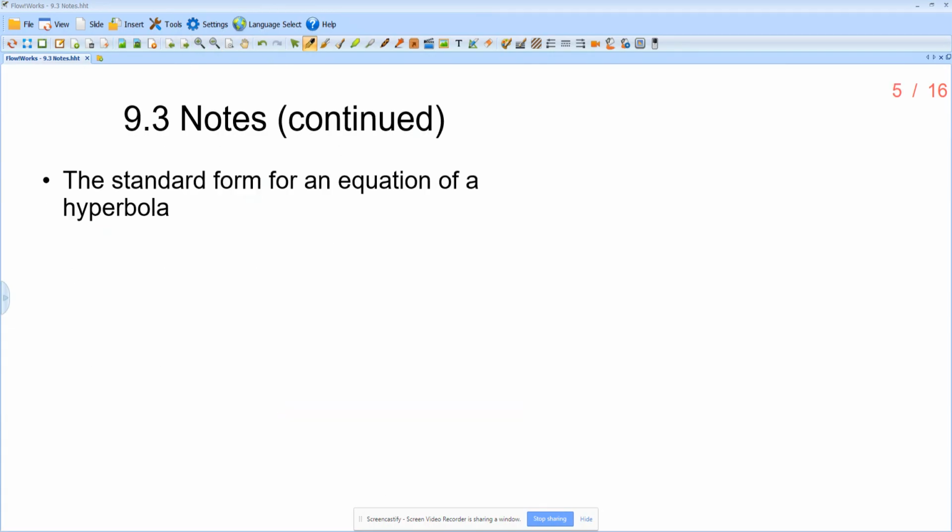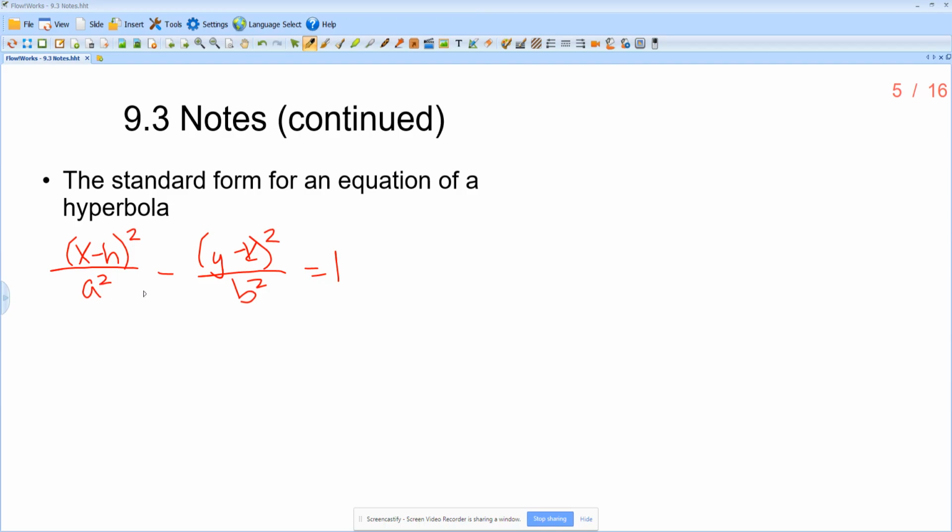All right, the standard form for an equation of a hyperbola. We have two. We have one that goes (x minus h) squared over a squared. So far, same thing as an ellipse. And then I'm just going to leave some space here, (y minus k) squared over b squared equal to 1. The only thing that makes this different from an ellipse is now it's going to be minus.